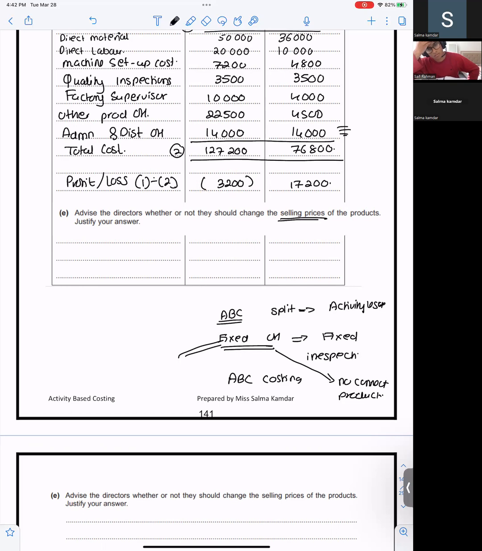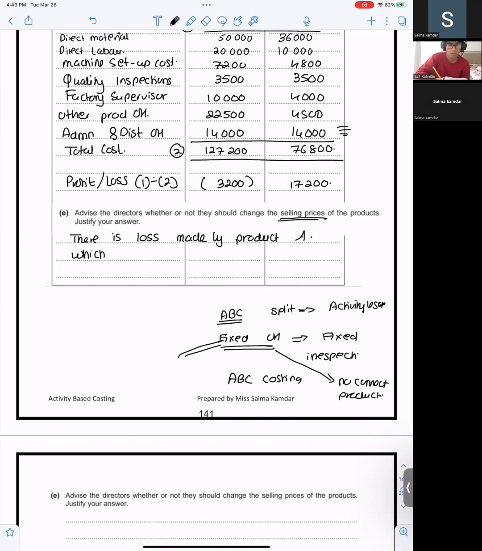I'm writing the advice. Let's do it together. There is a loss that is incurred in product A, which indicates that the selling price should be increased. No, lower. Increased. They have a loss. Why will they increase the selling price?